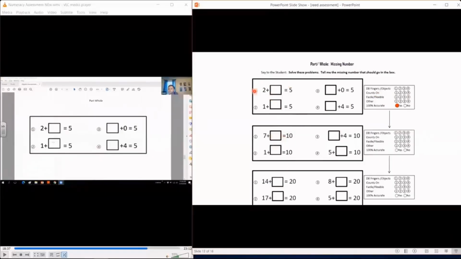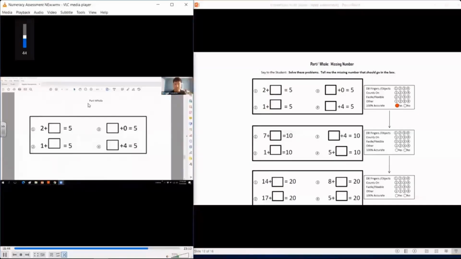And just so you know, for the first one, he goes like this. This is number 1, this is number 2. He does that, but he looks at that one. So it's going to look like he got it wrong, but he gets it right. Okay, we're going to go ahead and start. 5. Okay. What number goes in that box right there?